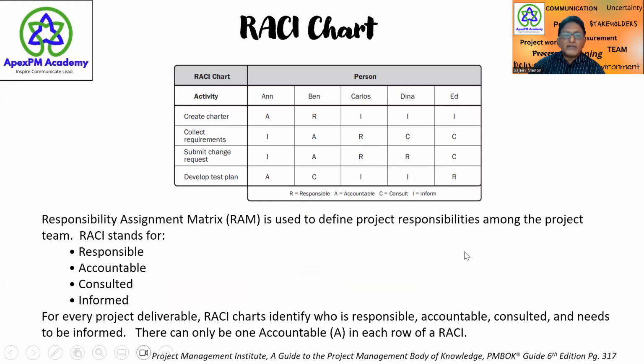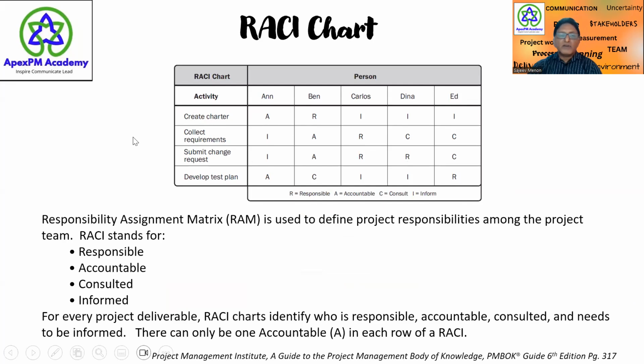This is what is called the RACI chart. RACI stands for responsible, accountable, consulted, and informed. So as you can see in this chart, different people are being assigned different responsibilities or accountabilities.